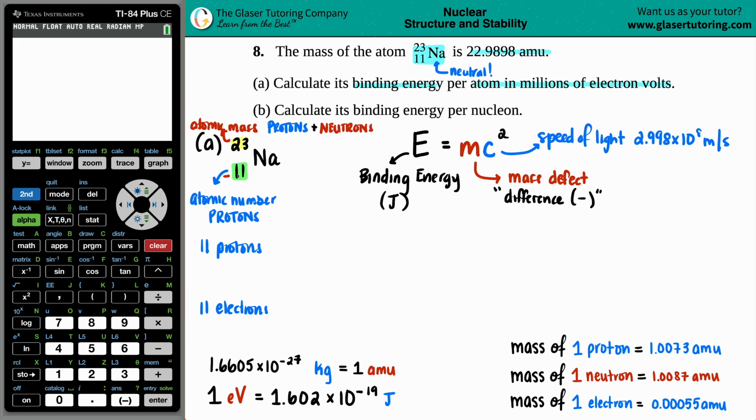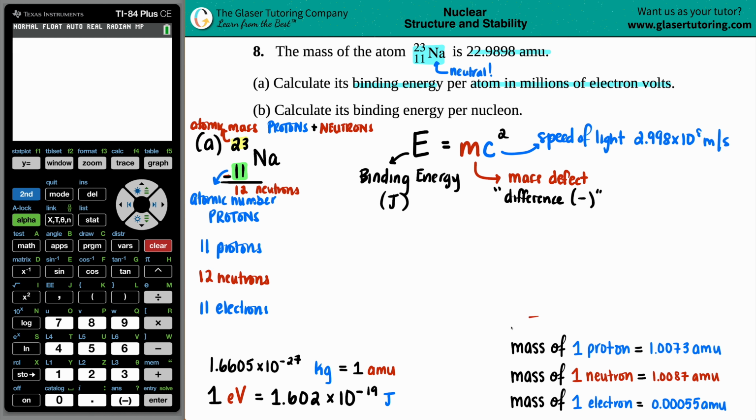We subtract. 23 minus 11, and you can use the calculator, just make sure you get the right answer. That's 12. We can double check: 11 plus 12 is 23. So we have 11 protons, 12 neutrons, and 11 electrons.